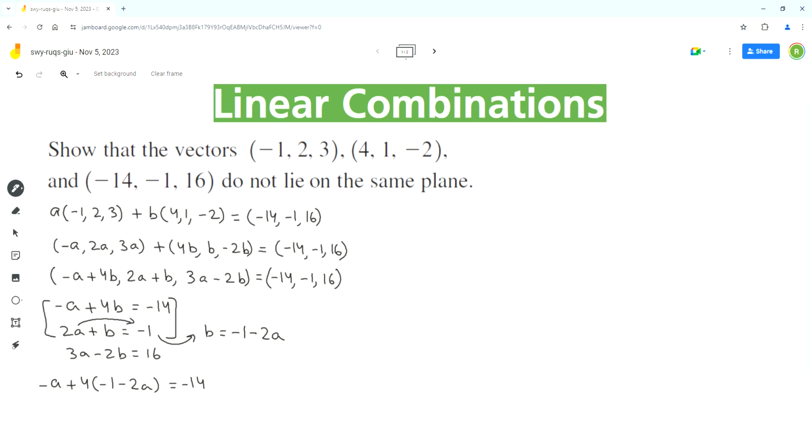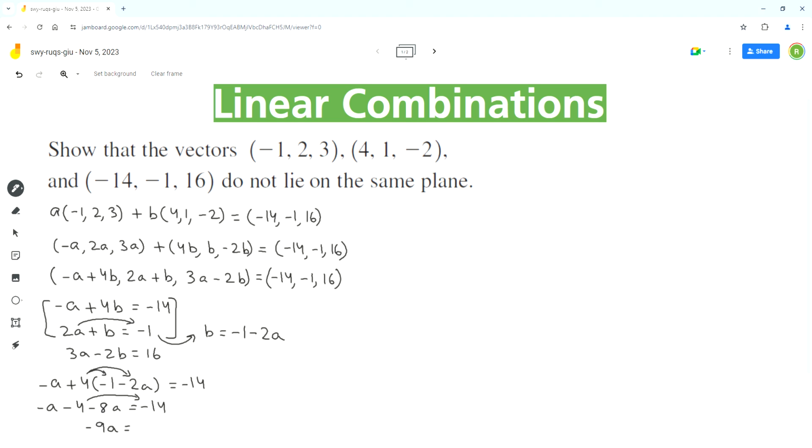Now we can solve this equation to find the value of a. So we can distribute 4 into the parentheses. Now we can combine the a terms. And we can move the -4 to the right side, and it will become +4.